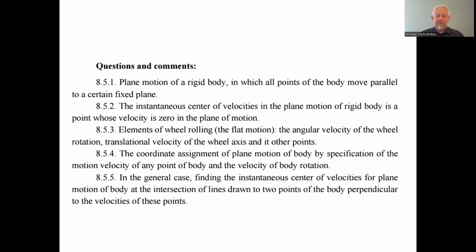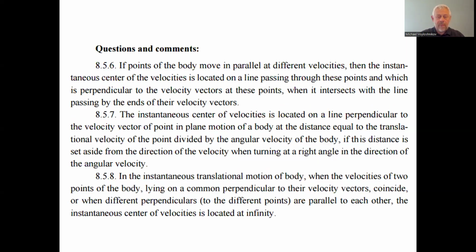Yes, for the flat motion of the body with rotation, if we have the translational velocities of two points of the mechanical body, the instantaneous center of velocities will be at the intersection of two perpendiculars drawn from both points to the vectors of the velocities of these points. If the body moves with rotation, these perpendiculars intersect at the point of the instantaneous center of velocity.